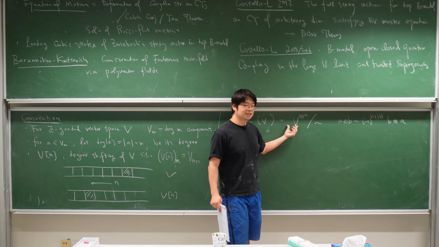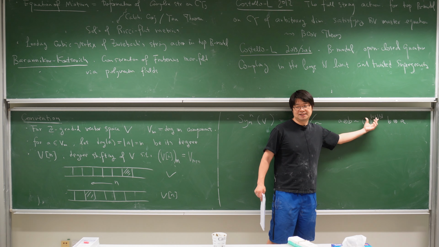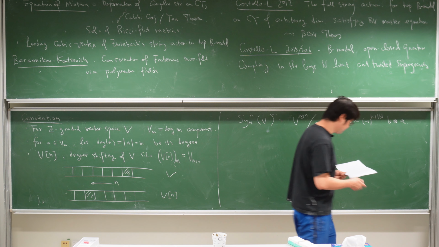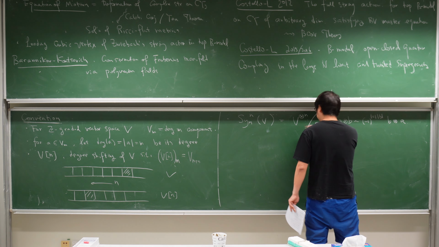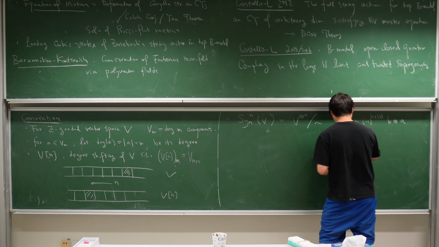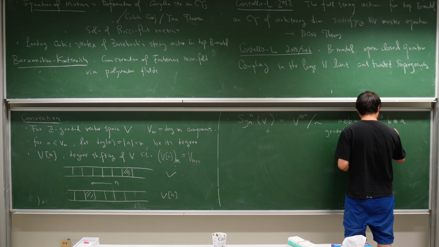But in the case of graded vector spaces, you have to remember this sign when you switch these two. This is called the Koszul sign, and this is called the graded symmetric product.